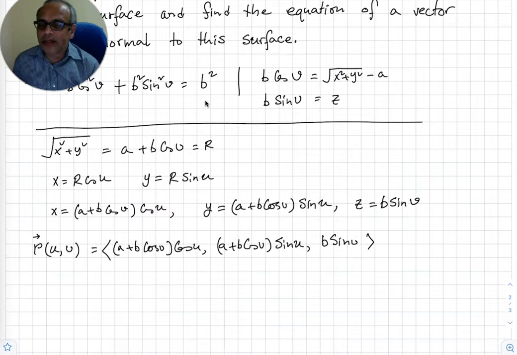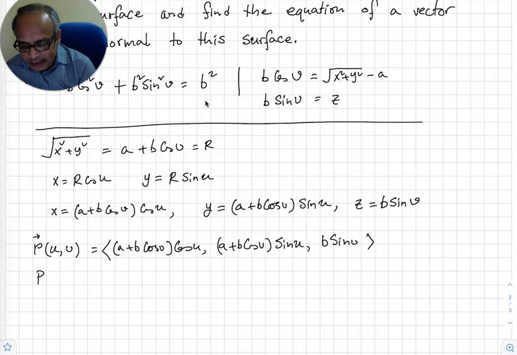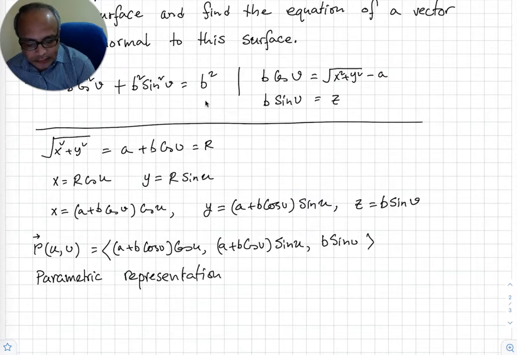Okay, so the surface has been converted into a new form, which is now a vector function of u and v. So this is a parametric representation of the given surface.